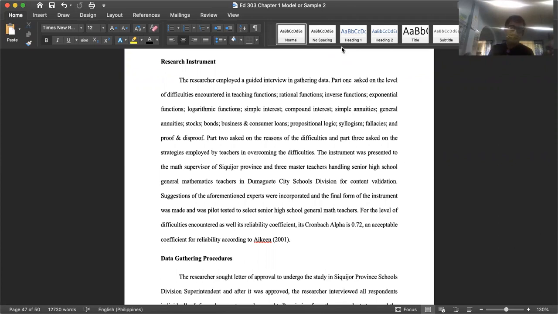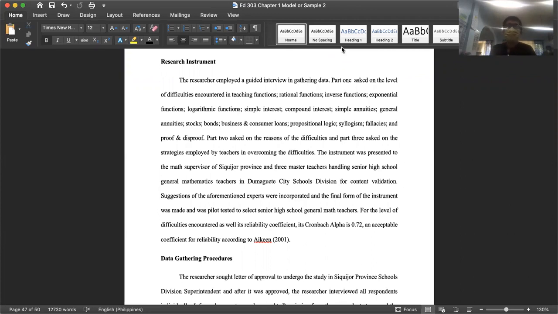They know the learning competencies, so they can validate your instrument. During the validation, you are going to seek comments and suggestions to improve your research instrument. Once you receive the comments and suggestions, you are going to incorporate them into the final draft of your instrument. After that, you are going to undergo pilot testing.